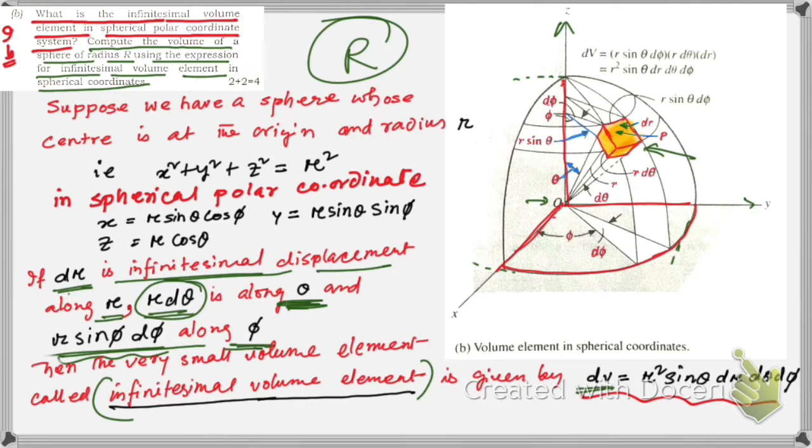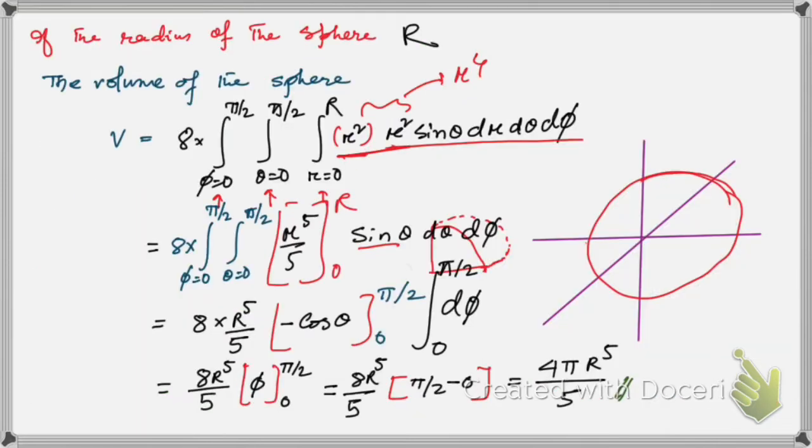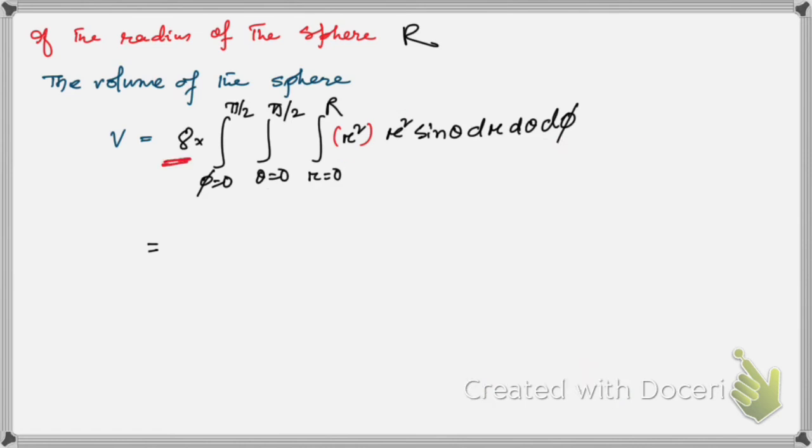That is why we have taken 8 times here, right? So now let us integrate. You see this r square into r square, as you can see here. Let me write.